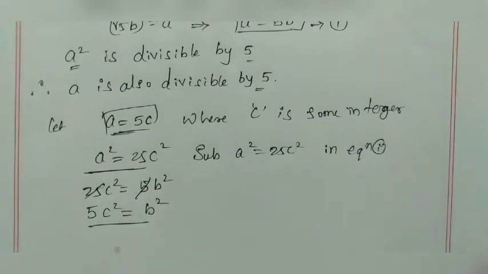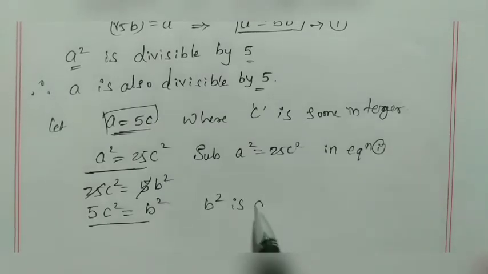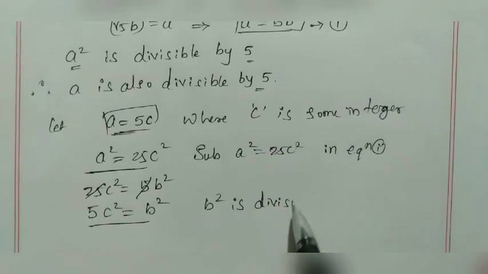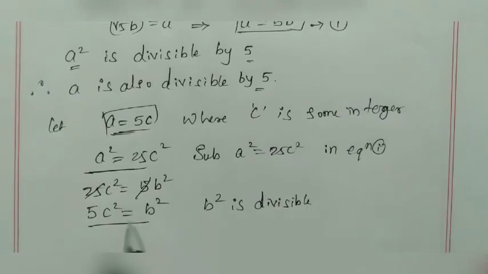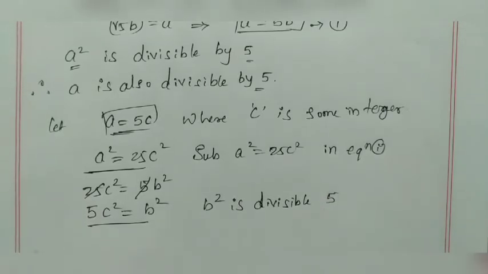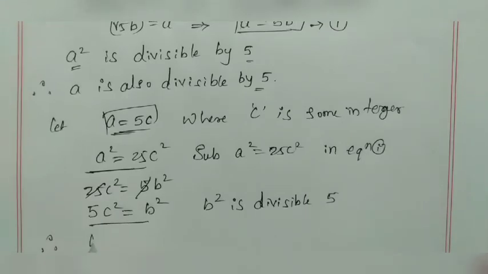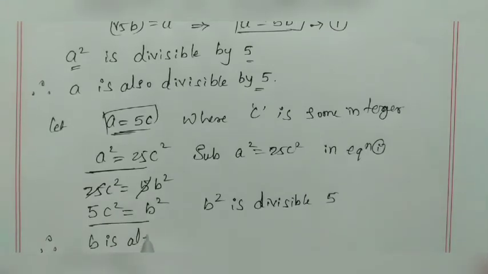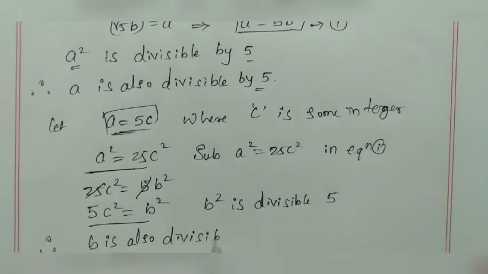See here, if b squared is equal to 5c squared, it means b squared is divisible by 5. Hence, therefore b is also divisible by 5.